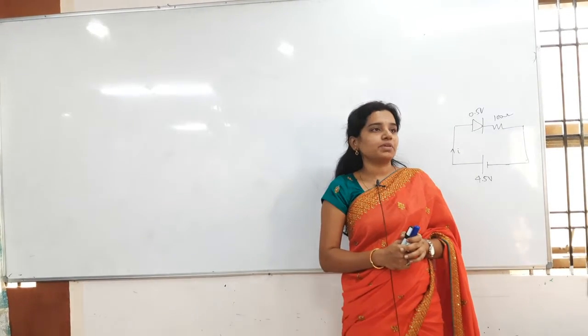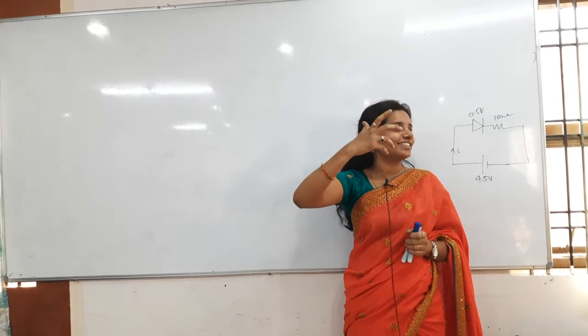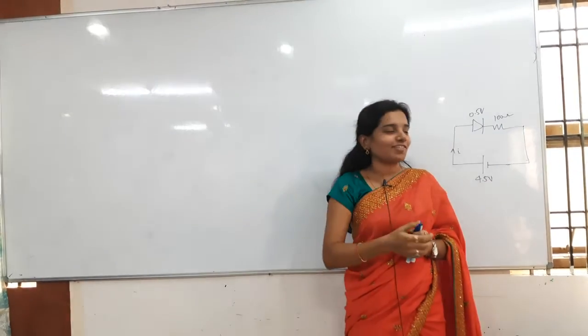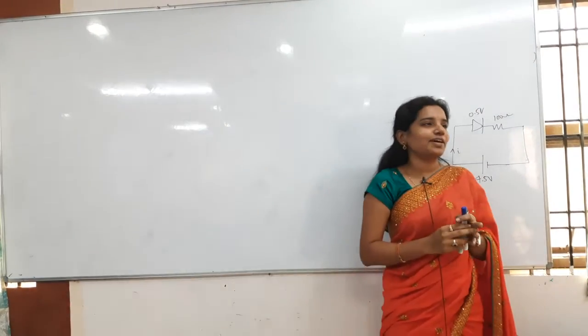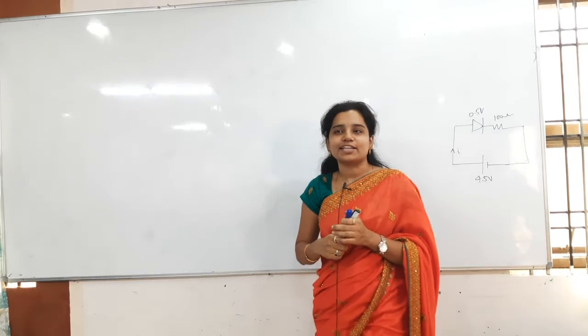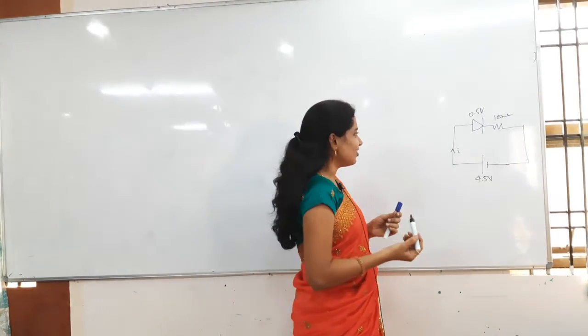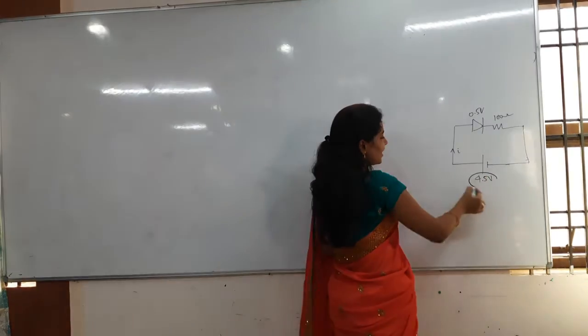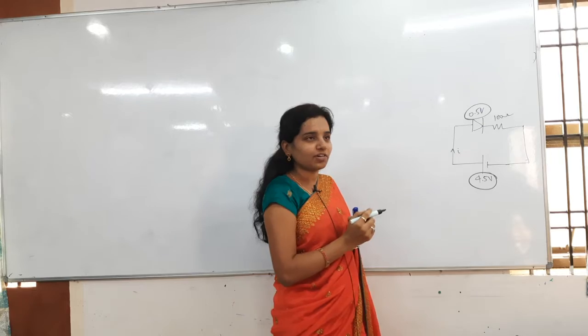Some of the people might be having extra knowledge, and then they will do 4.5 plus 0.5 is 5, and then 5 by 100 is 1 by 20, like that you might be getting. So here you will get 4.5 volts, and the PN junction is drawing 0.5 volts.